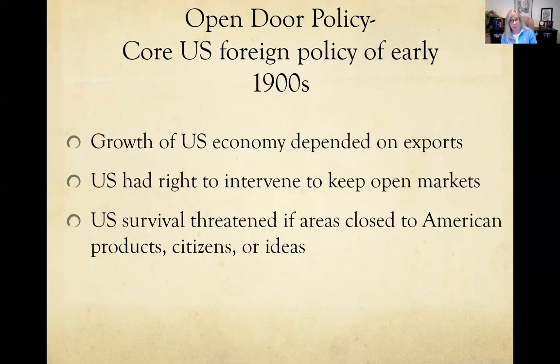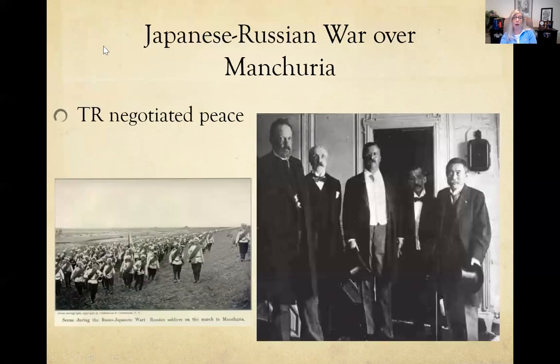So if we have to use our military, we will, to maintain open markets. If we are closed off from areas, that is going to be threatening our survival, our citizens, our prosperity, our ability to trade. These are going to be the foundations, and John Hay really outlined that for the United States in the open door policy.